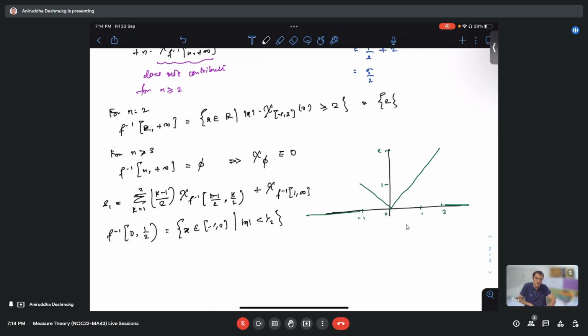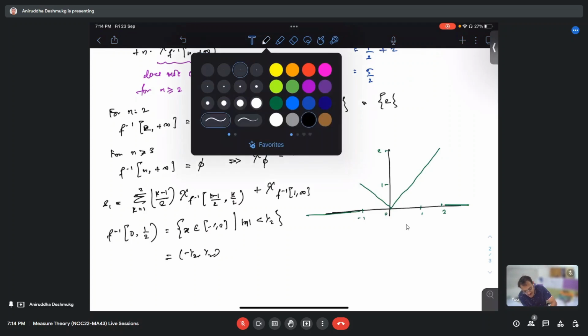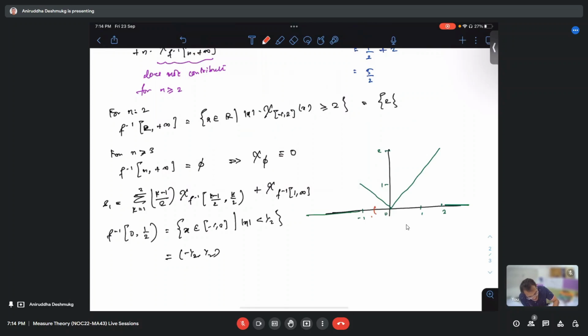But we know what that set is. That set is the interval minus half to half. So on this open interval, minus half to half, the value is 0.